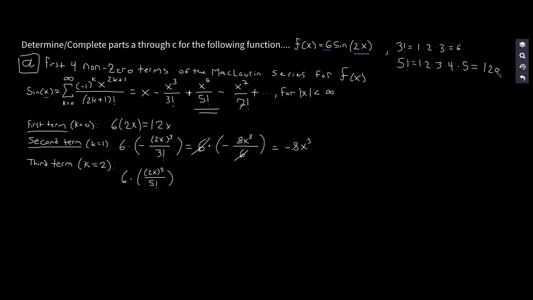So 6 times 5 factorial, at least there's not going to be any cancellation here. So it's going to be 6 times 2 raised to the 5th power is 32. X is going to stay raised to the 5th. 5 factorial, we calculated 120.